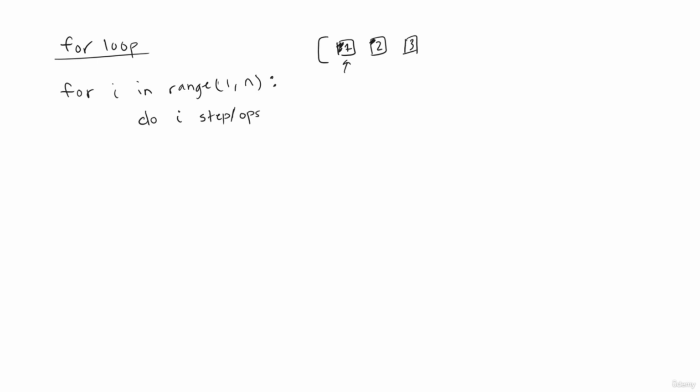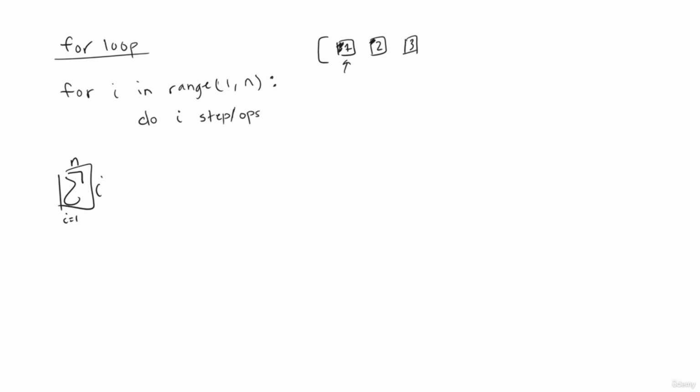Now to get into the summations part: if we had an algorithm that did something like this, we would like to be able to analyze the number of operations that it would do over n iterations. I can represent the total number of operations with this little summation right here: the sum from i equals 1 to n of i.